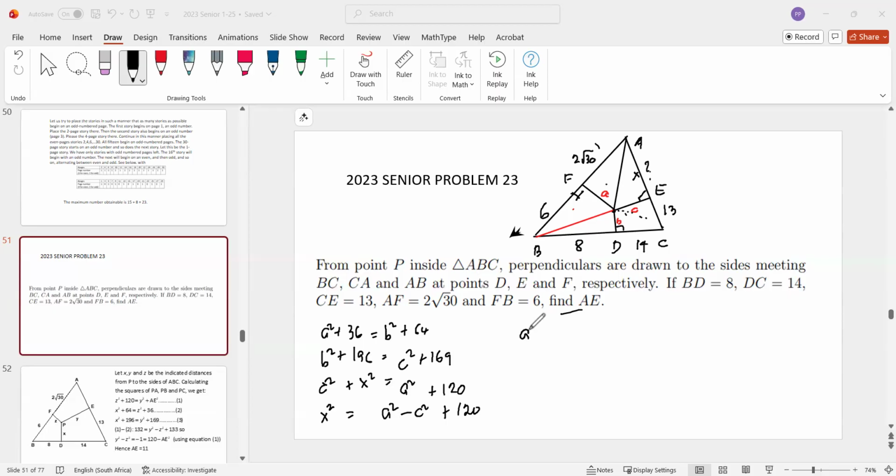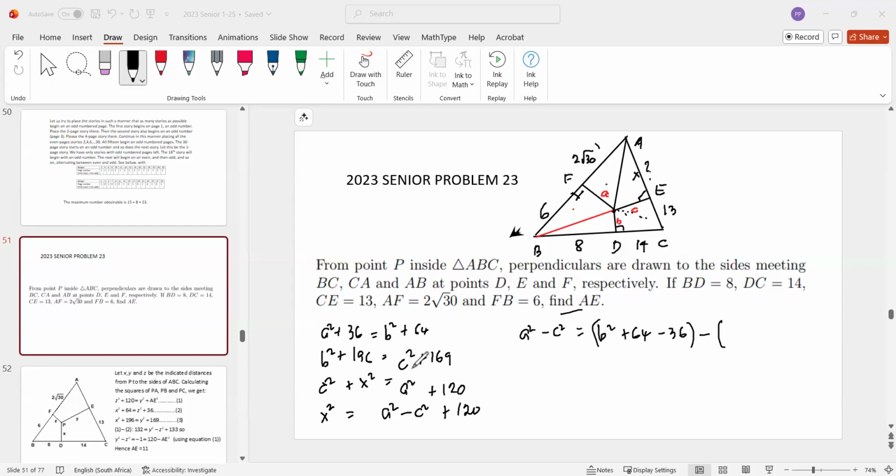Well, a squared minus c squared, a squared according to this is b squared plus 64 minus 36. That's a squared. A squared is b squared plus 64 minus 36 minus c squared.